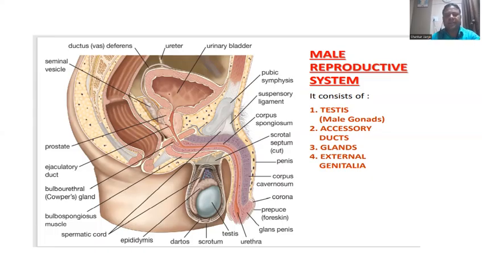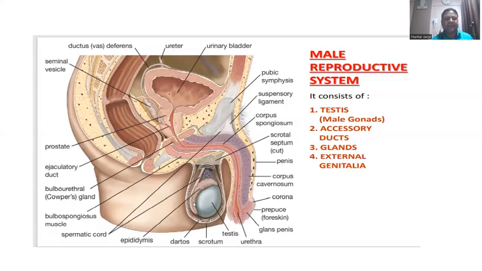In the scrotum, there is a centrally placed cartilaginous tissue. It divides into two parts, two compartments in which testes are properly lodged, properly held. So just below the testes, there is a fibromuscular band called gubernaculum, by which testes are properly lodged.